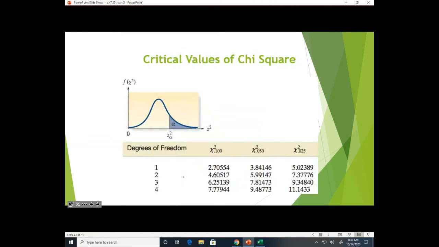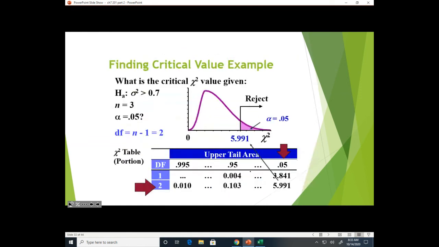To find the critical value, we'll talk about this, but I'm going to show you how to do it in Excel. You can read a chi-square table. So you have the number of degrees of freedom, and then your alpha of like 0.1, 0.05, 0.025, and then you can get the critical value.